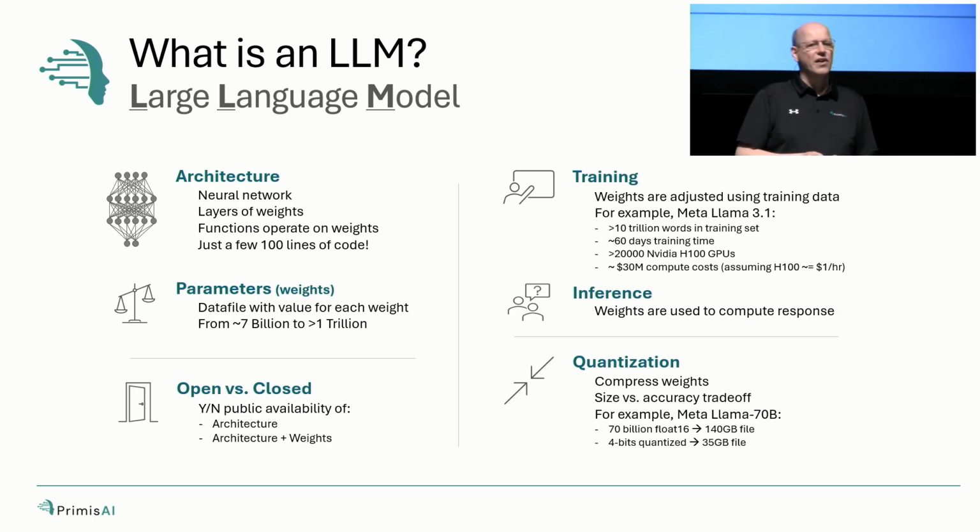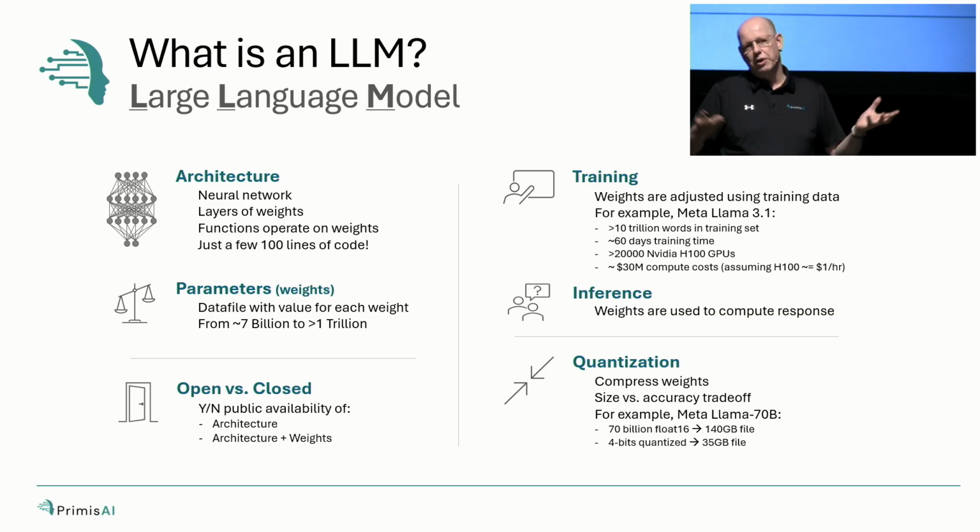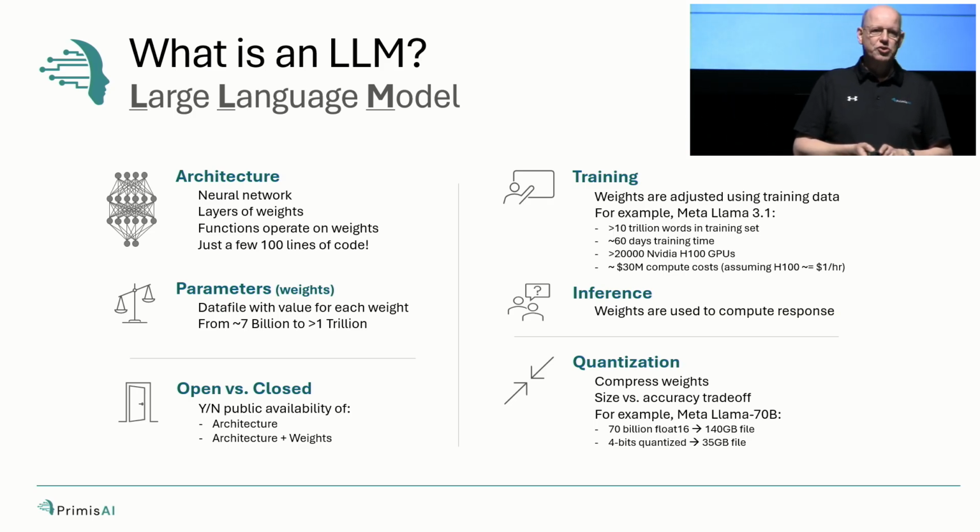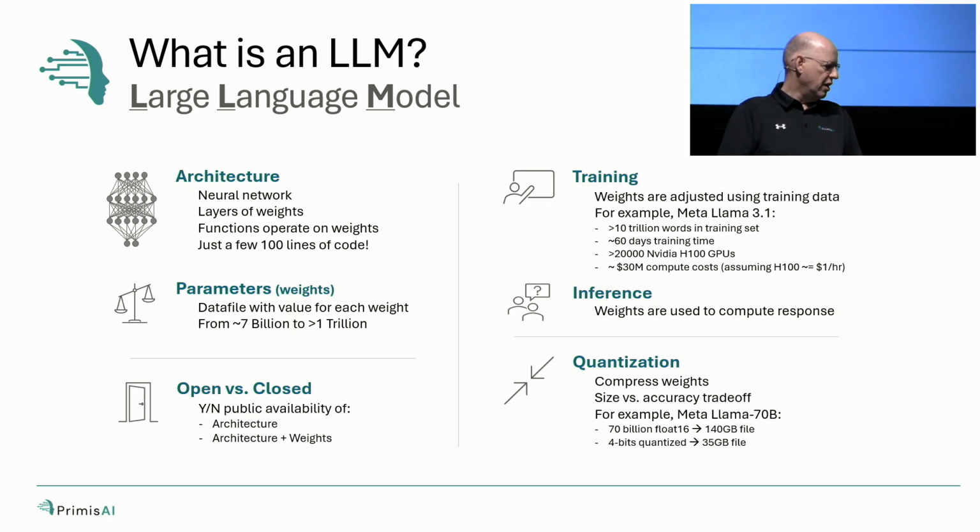It takes about 20,000 NVIDIA H100s, which I checked on Amazon yesterday, go for about $28,000 a piece. So you can compute the investment needed to train a model. If you take an H100 at about maybe $1 an hour, it's probably going to be a little bit more. You're talking about a $30 million investment in training a model.